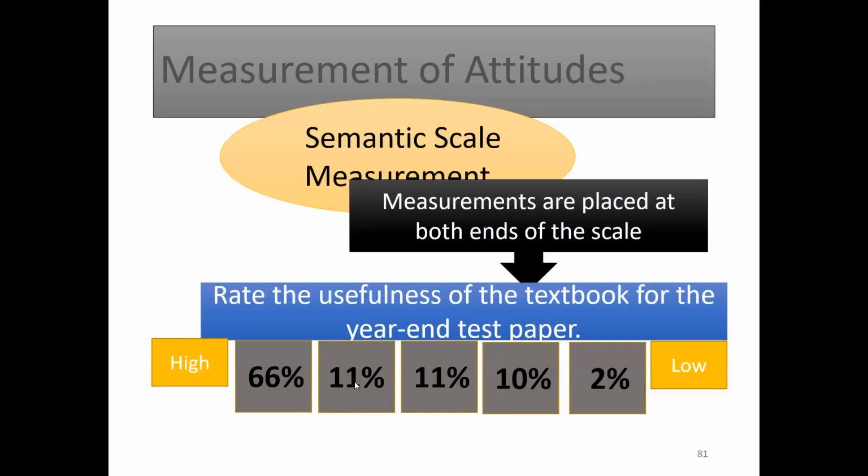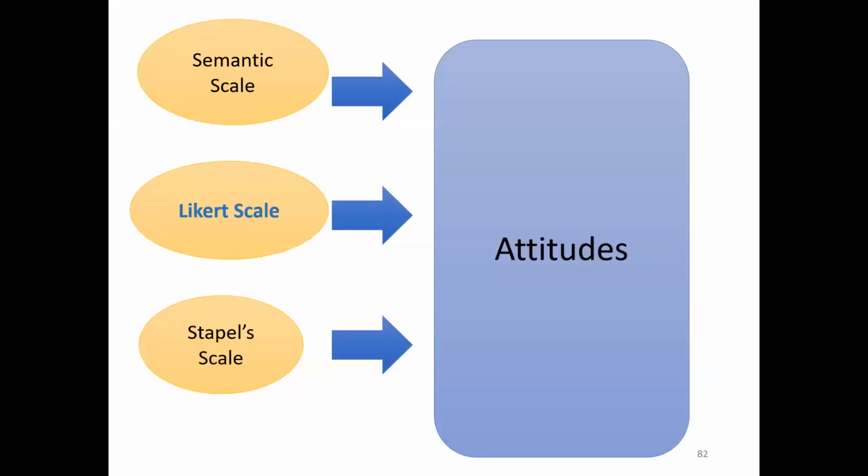Within the two ends, there are 5 boxes. One end high, the other end low. You can include about 5-10 questions based on the semantic scale. It's up to you. Or sometimes you may not include semantic scale questions.